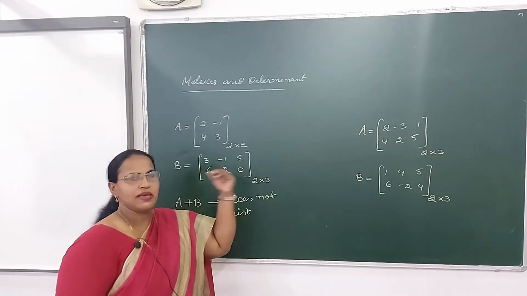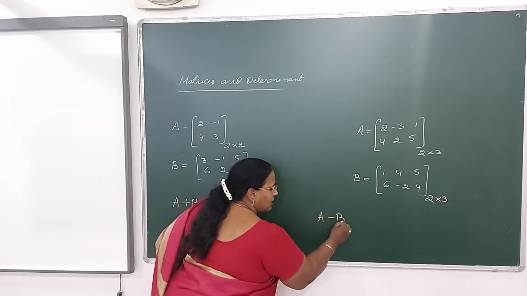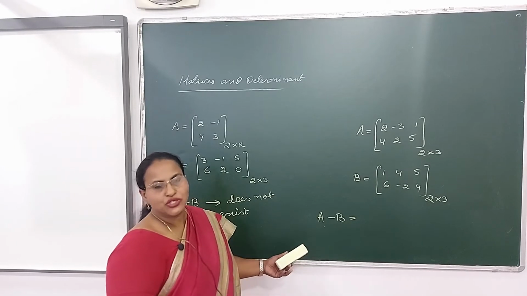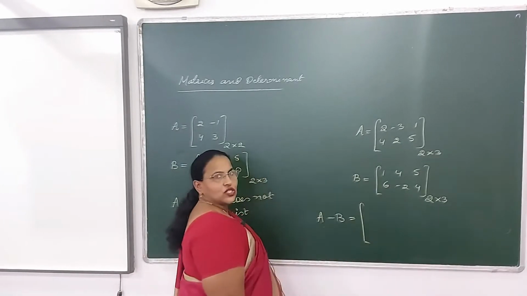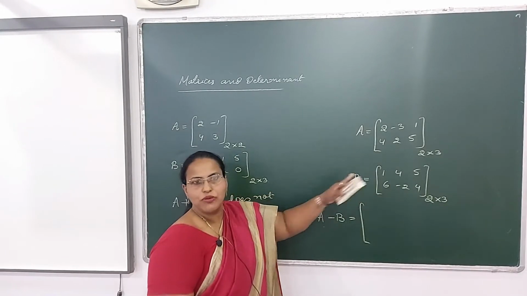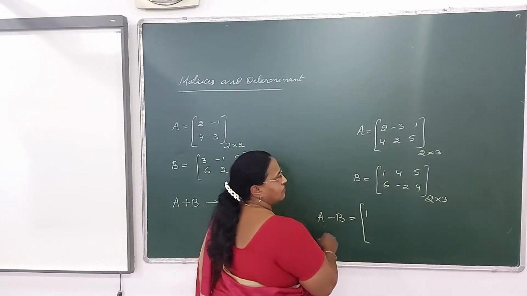Okay? Now in a similar manner we can subtract two matrices. Let us go with the same example. What will be A minus B? The same thing, entries at the same position will be subtracted. So, place a square bracket. A11 minus B11. So, 2 minus 1 is 1.